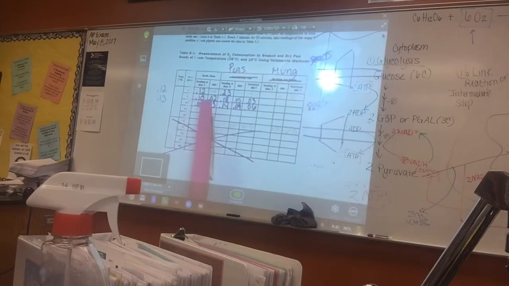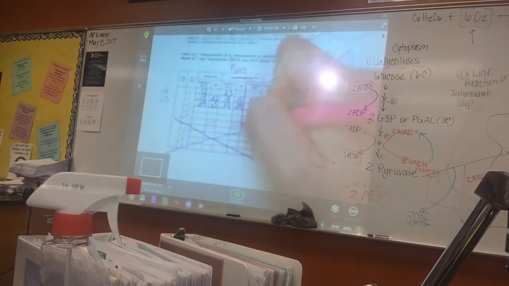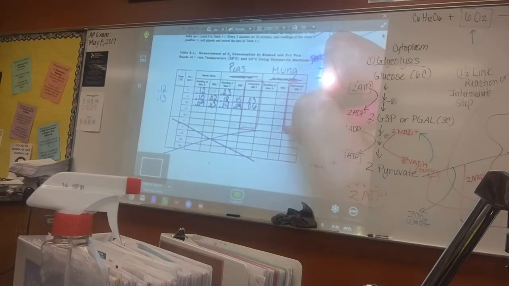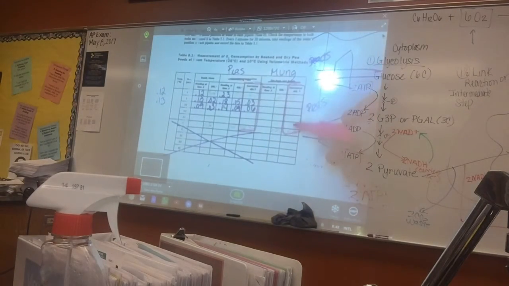Figure out the difference and then the corrected difference, because these two columns, the corrected difference of your two seeds, are the important data for this lab. So do that right now.